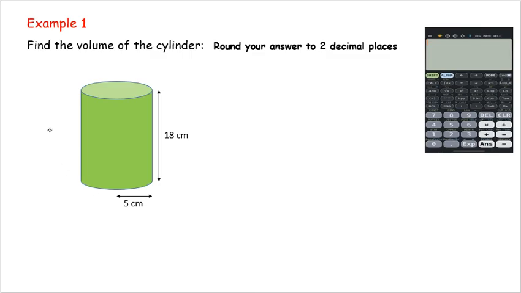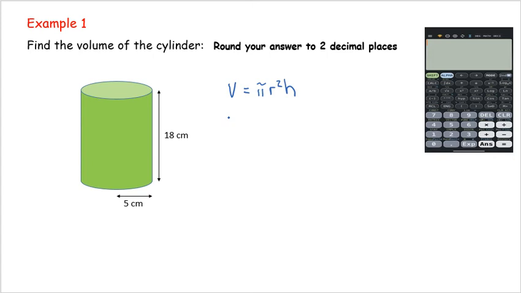Calculate the volume of this cylinder. Okay, so straight away, I know the volume of a cylinder is given by the formula pi r squared H. Now remember, all these things sitting beside each other are multiplying each other. Our rules of algebra say we don't need the multiply sign, but they are multiplying.